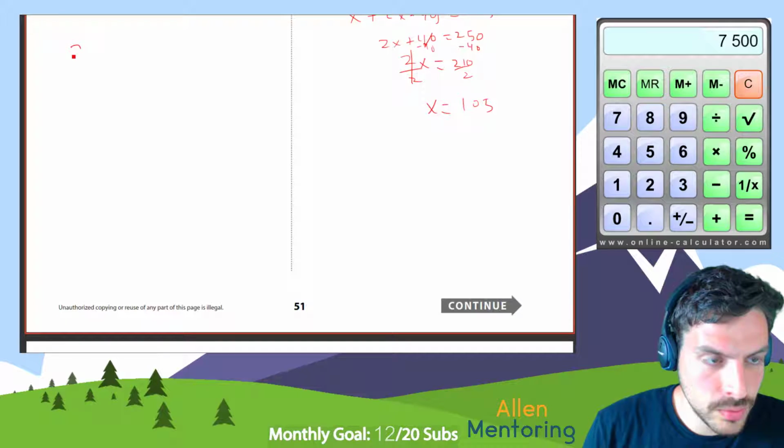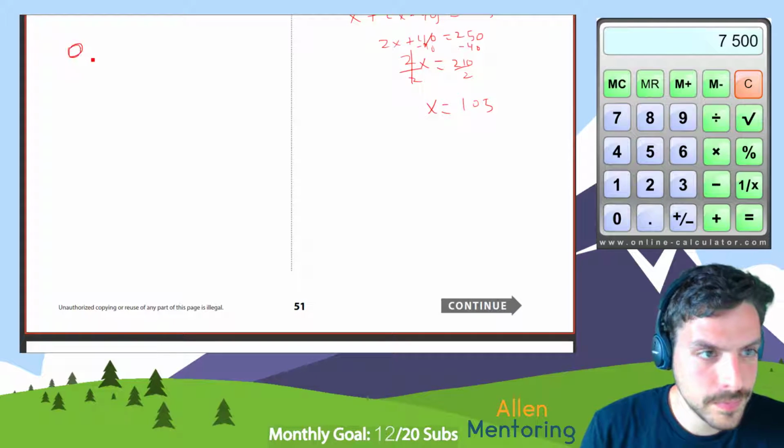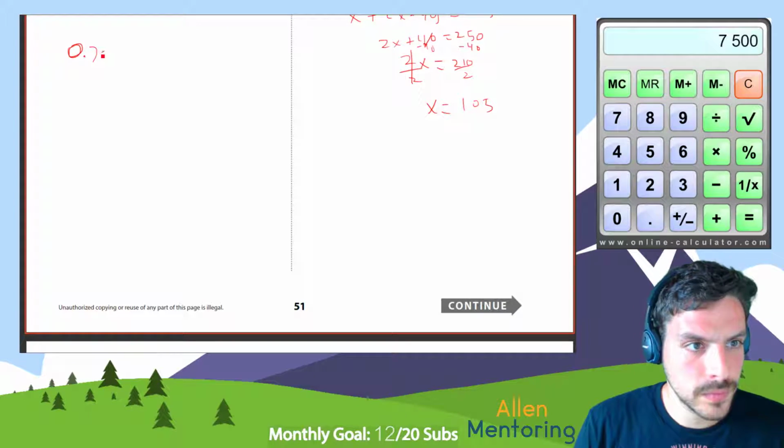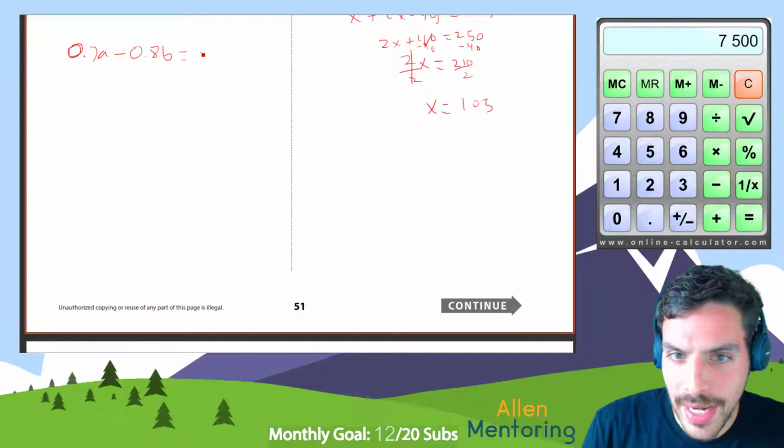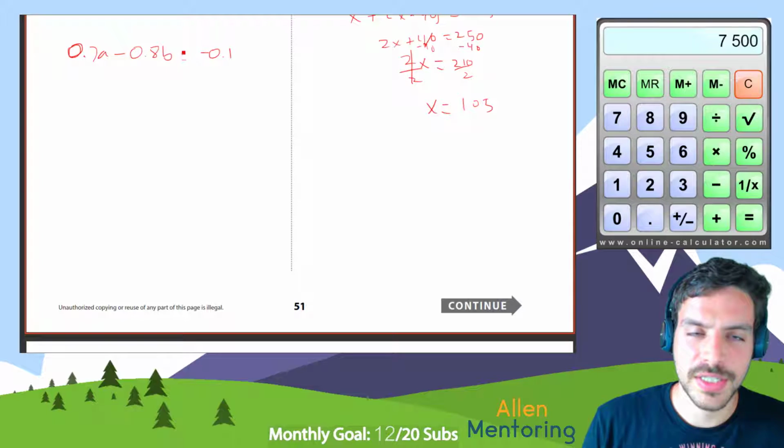So we have 0.7a minus 0.8b is equal to negative 0.1. So that's our first equation.